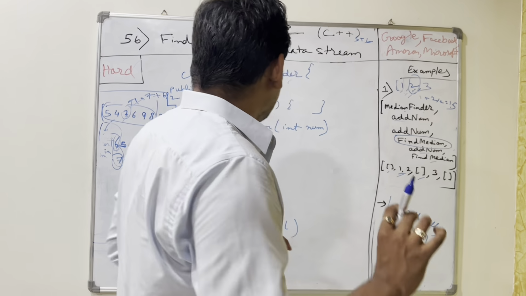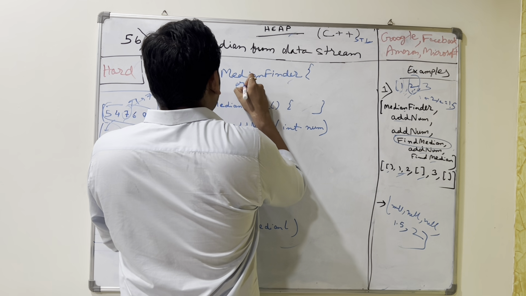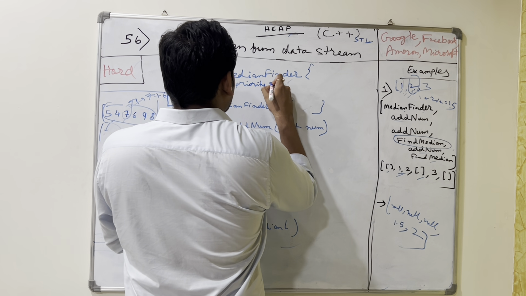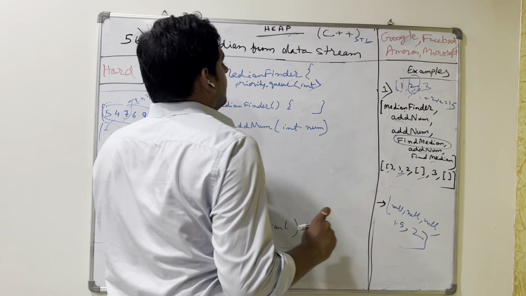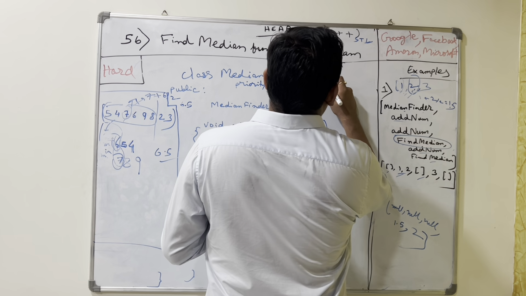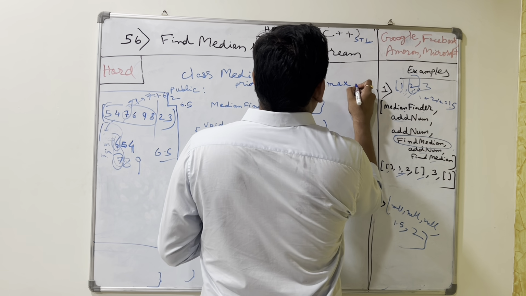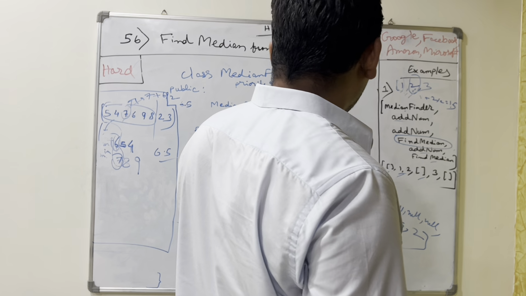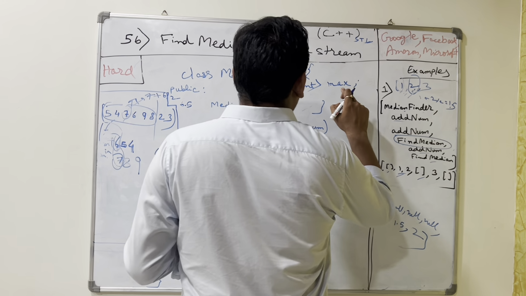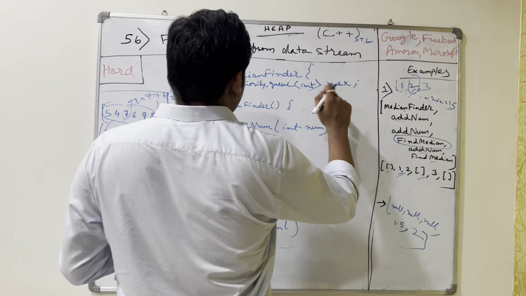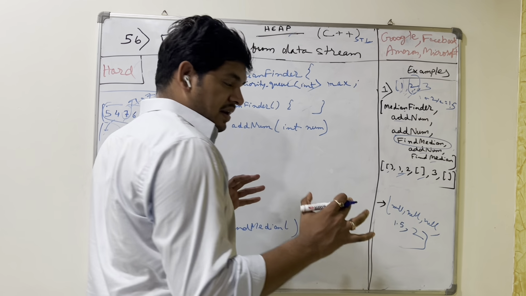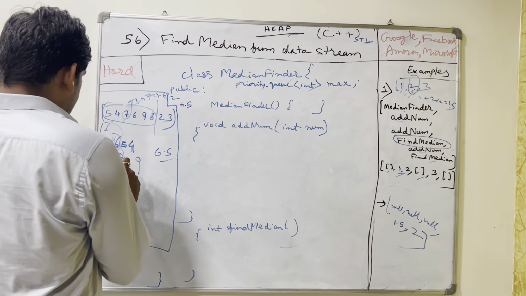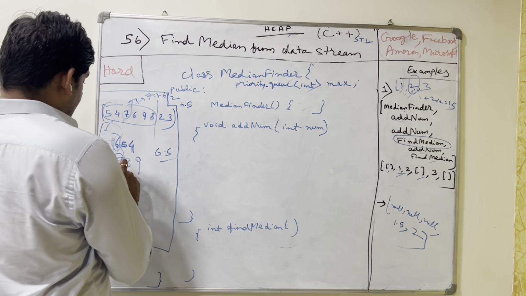Okay, let's code it. This is a constructor, we take a priority queue. Okay, we take a min heap and we name it as max. Why? Because we are giving it the maximum values.